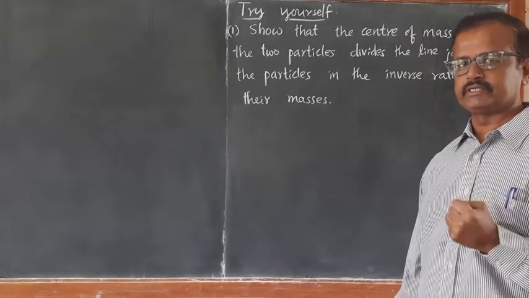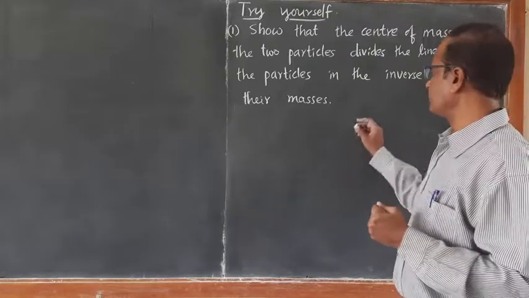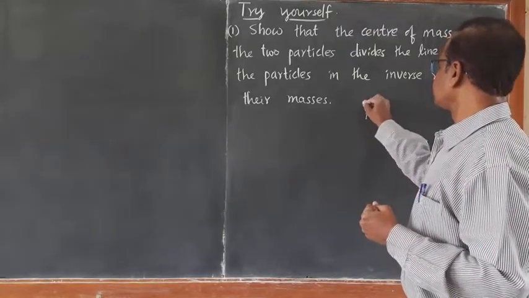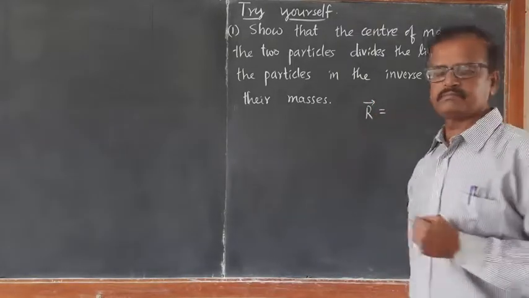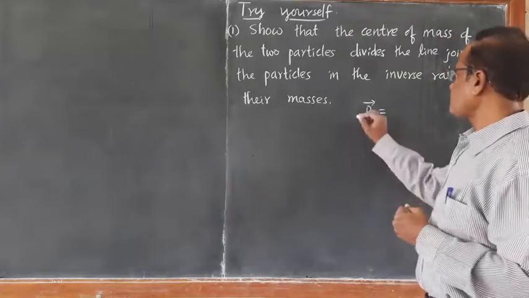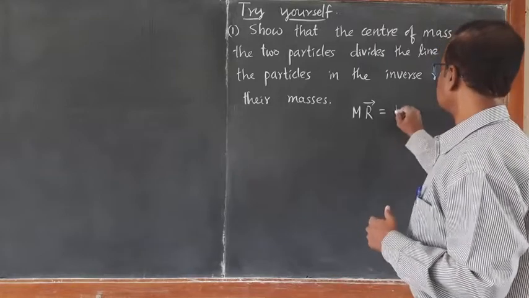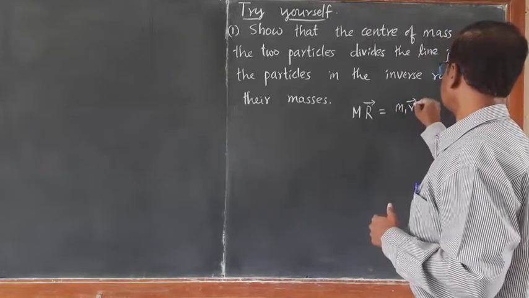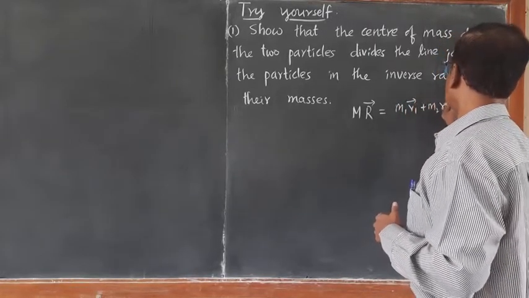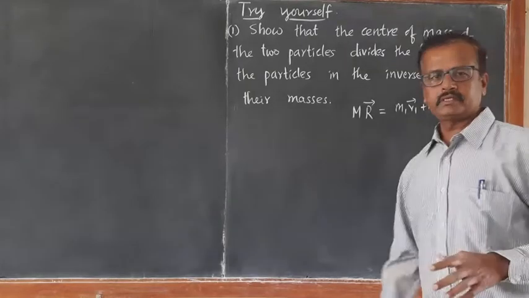So I will give you a hint. We know the equation for the position of the center of mass: M r vector is equal to m1 r1 vector plus m2 r2 vector, right?